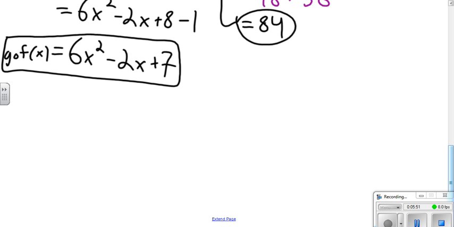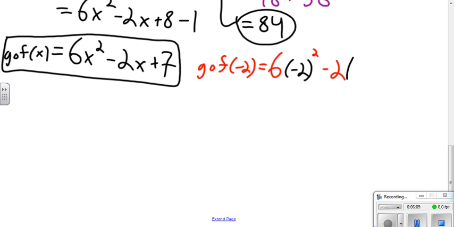Now working on our g of f of negative 2. G of f of negative 2 means take what we have here, and wherever we see x, just plug in negative 2. Negative 2 there, plus 7. Now we just solve this out. Negative 2 squared is 4, so 6 times 4.